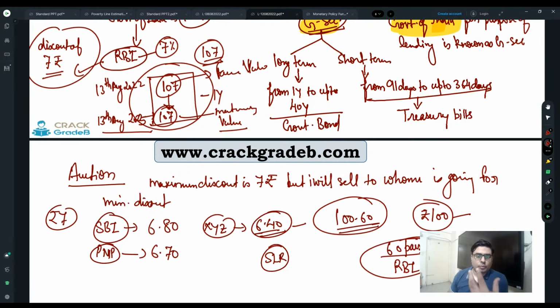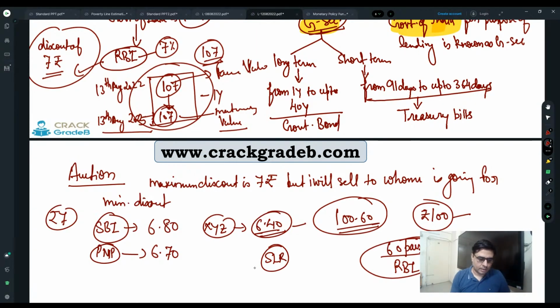Okay. So in that way, SLR. Now, how does the SLR have the capacity to change the complete nature of the entire economy? SLR has the capacity to completely change the nature of the economy itself. How?